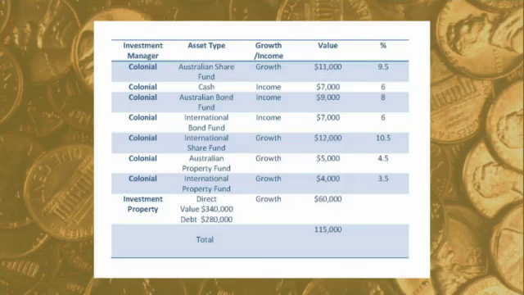So cash 7,000 represents 6% of the portfolio. Australian Bond Fund 9,000 represents 8% of the portfolio. International Bond Fund 7,000, 6, etc. Again, interestingly, the property represents 42% of the total portfolio. Just add those up to make sure that we've done the figures correctly. If they come to 100, you've got the right answers.